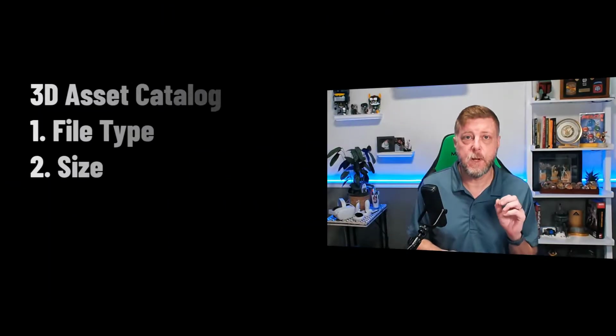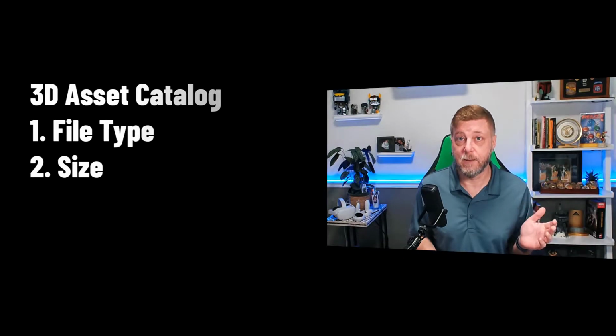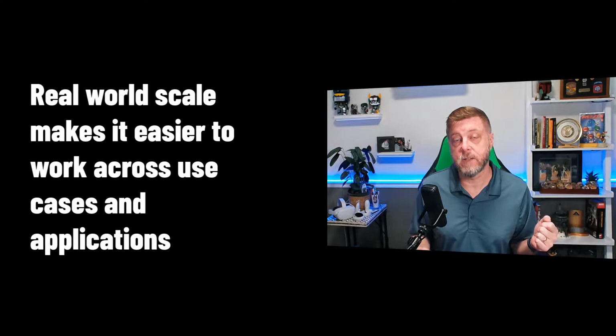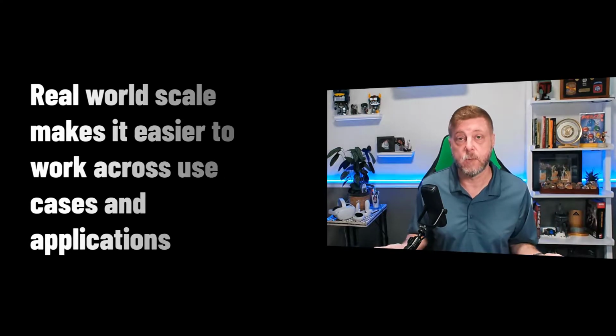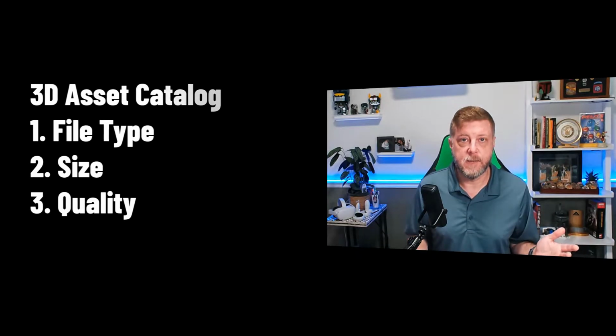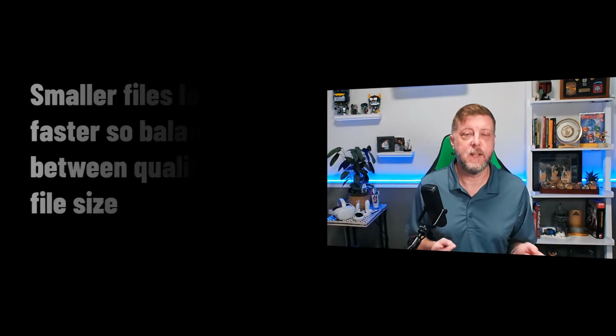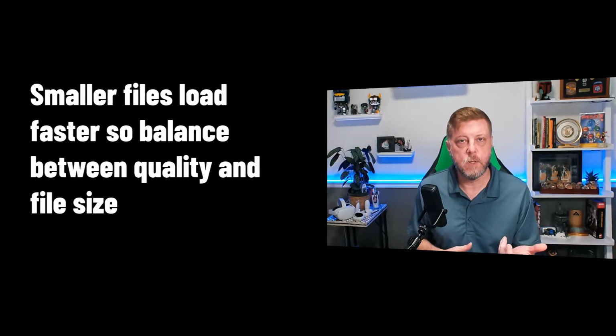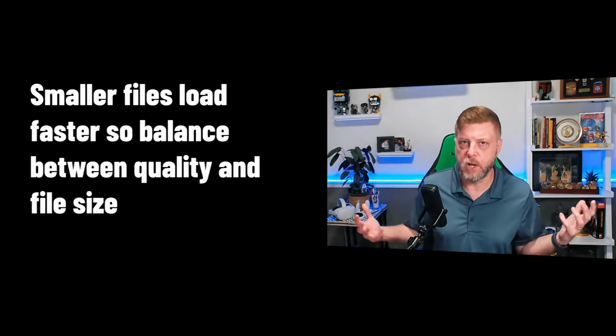The next is you want to make sure those items are at one-to-one scale. Scale is going to be important. While we can rescale things, you always want to have them at their real world scale. The next, reduce file sizes, but retain the fidelity. This is kind of a judgment call, but you're going to have to look at it and say, what gives you a good view that isn't a giant file size?